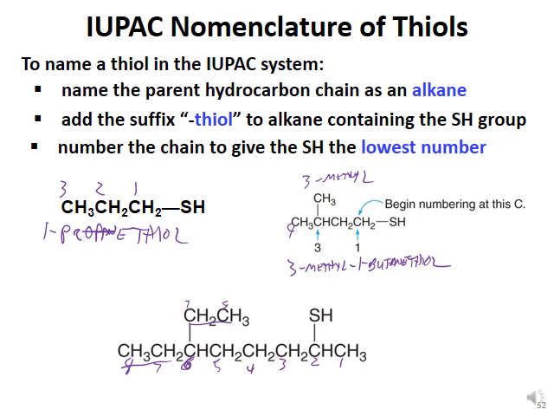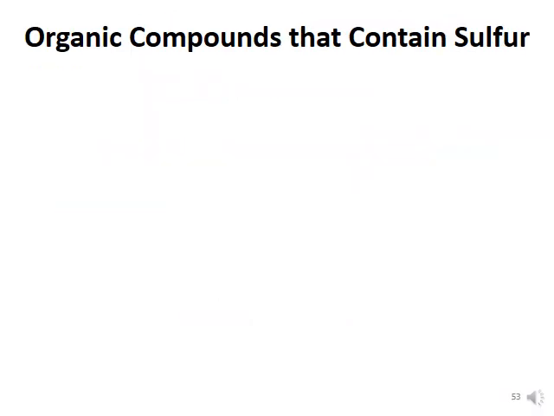So it's octane thiol, and it's a 2-octane thiol because the thiol group is on carbon 2, and 6-ethyl because the ethyl group is off carbon 6. Okay, 6-ethyl, 2-octane thiol. Not too bad.